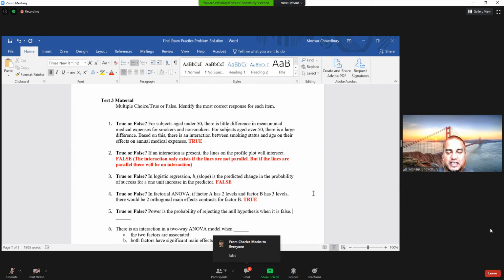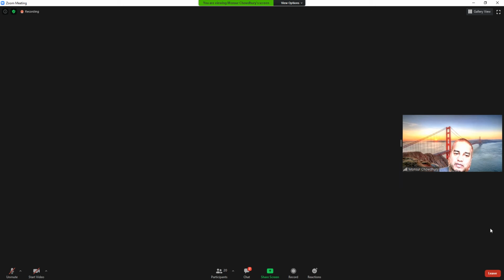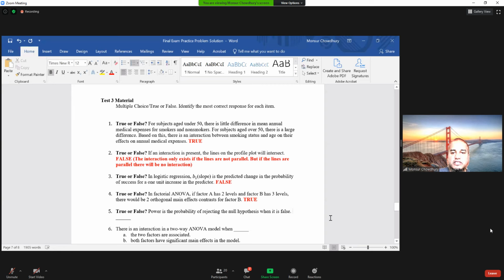Are you going to reject the null hypothesis correctly? So the chart says it is false. Okay, look at this. I said that the power is the probability of rejecting the null hypothesis correctly. So what we are doing here, we are rejecting the null hypothesis when it is false. So we are rejecting it correctly. So this is true. This is the power. If the null hypothesis is false and we reject it, this is called the power. So this is true.